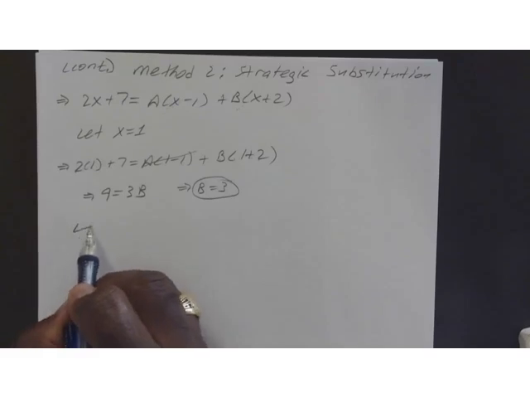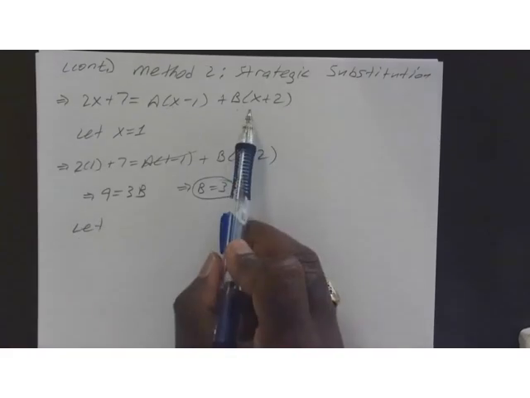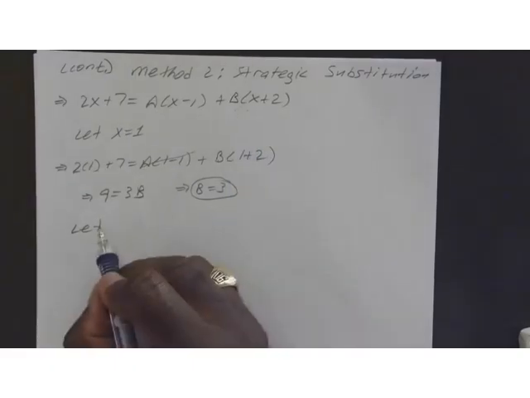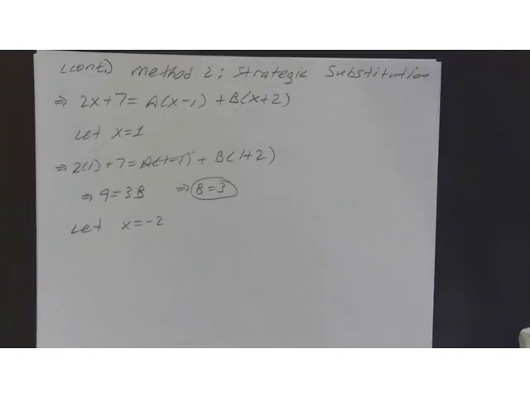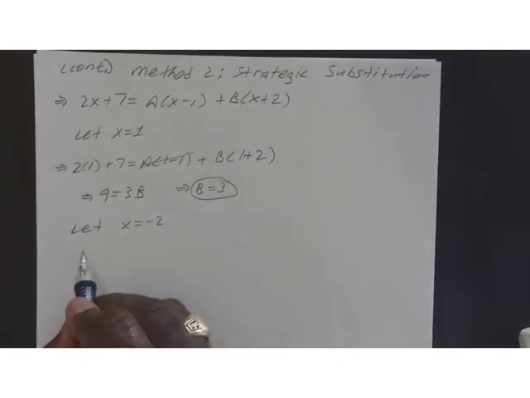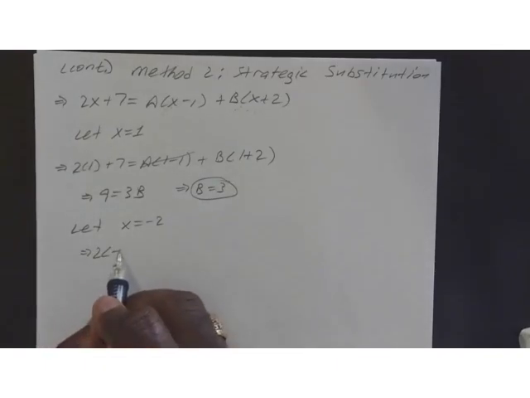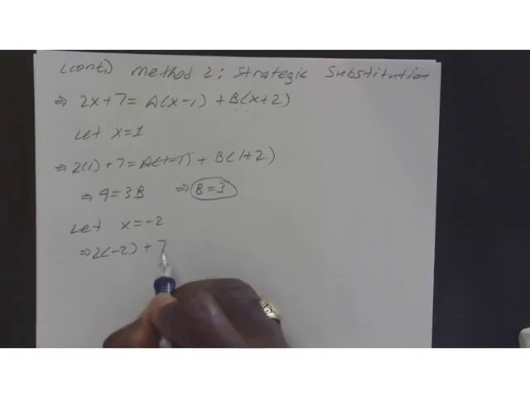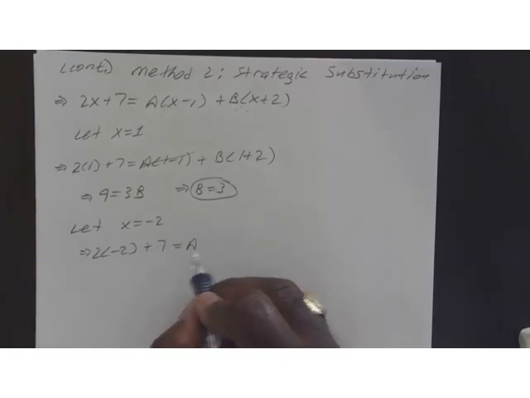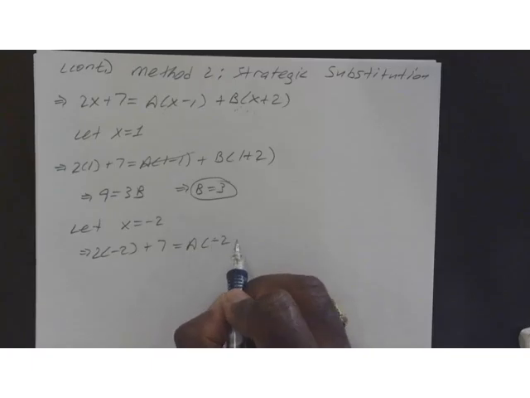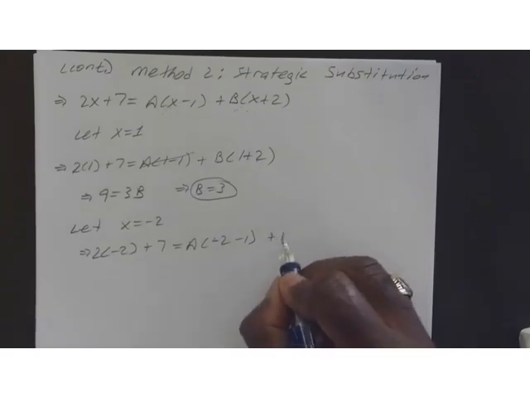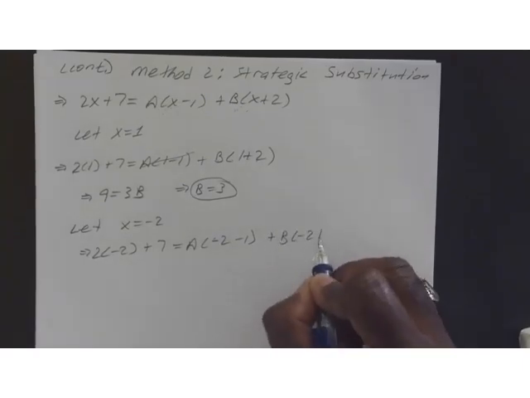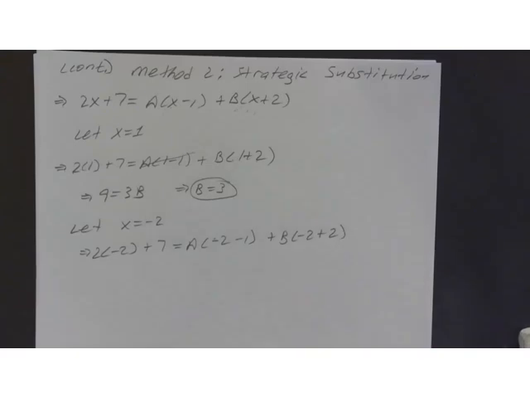So now we let x equal negative 2. So that would give us 2 times negative 2 plus 7 equals A times negative 2 minus 1 plus B times negative 2 plus 2.